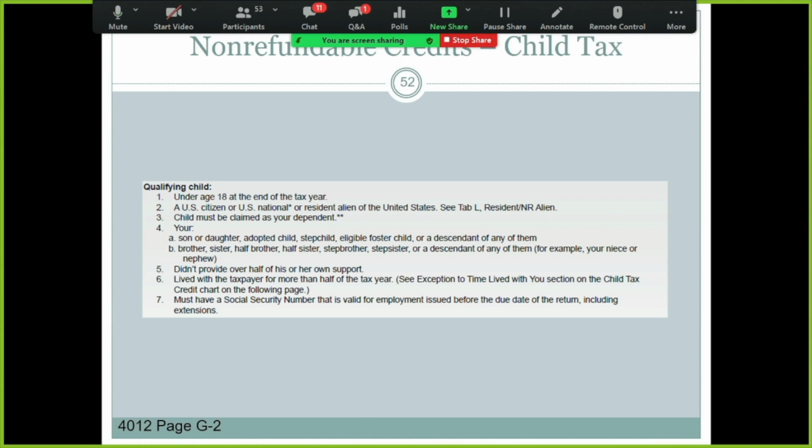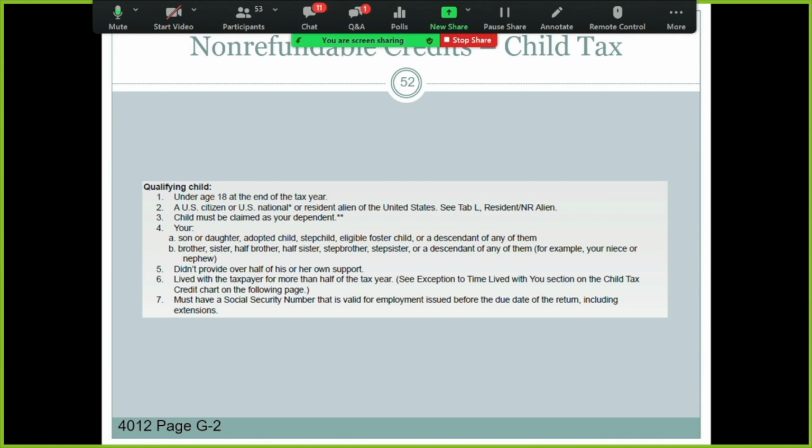Your son or daughter, adopted child, stepchild, eligible foster child, or a descendant of any of them, brother, sister, half-brother, half-sister, or a descendant, who doesn't provide over half of his or her own support, and lived with the taxpayer for more than half of the tax year, and there are exceptions for the time that they live with you, and we'll see those on the next page.